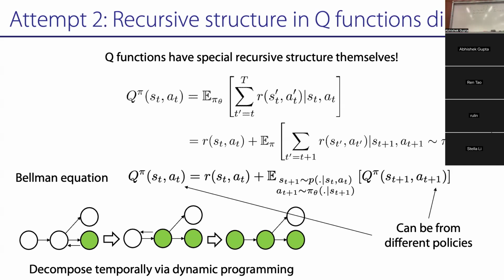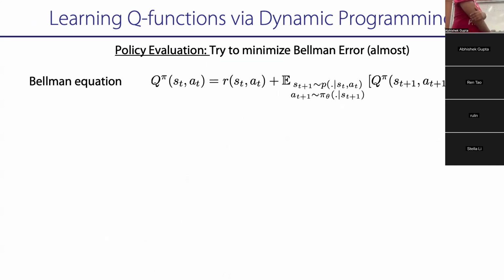Okay, so this is the equivalence. The same way we drew a value equivalence, we've drawn a Q equivalence now. Q pi is R plus expected Q in the future, where ST plus 1 is coming from P, and AT plus 1 is coming from the policy that you're trying to evaluate. And so it's going to allow us to be off policy.